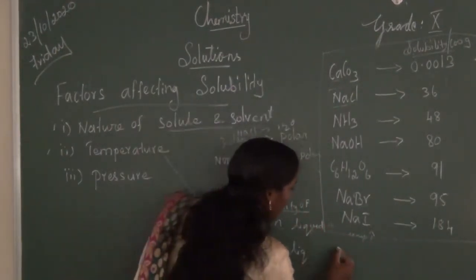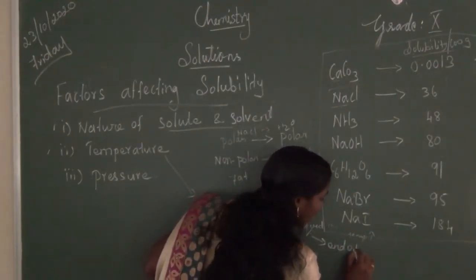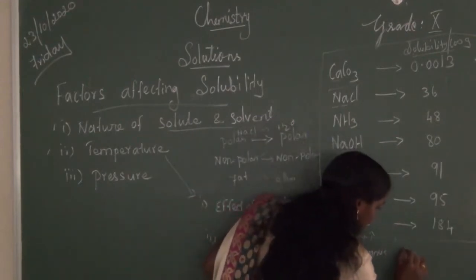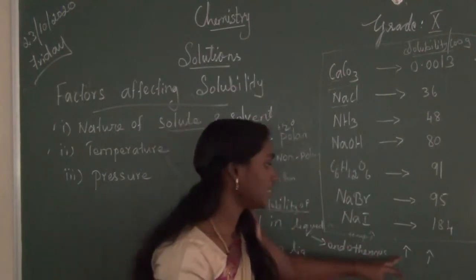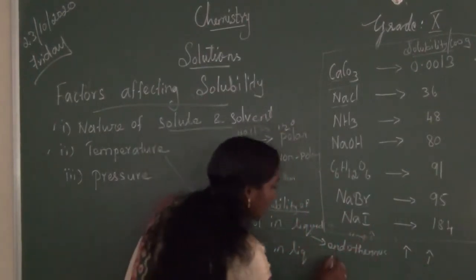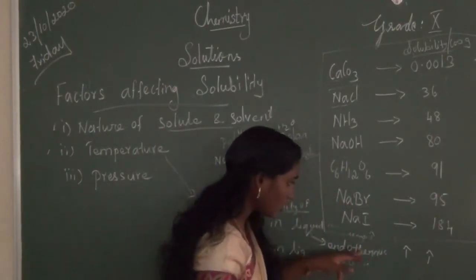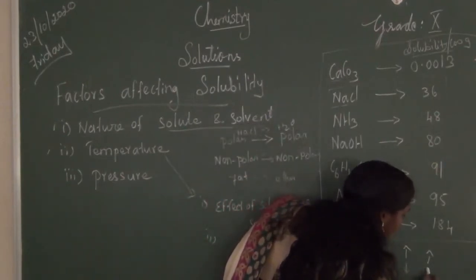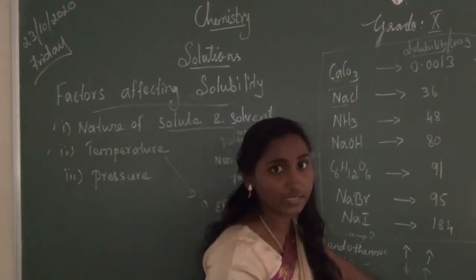So in an endothermic process, solubility increases as temperature increases. In an exothermic process, exothermic means liberation of heat, right? So in an exothermic process, solubility decreases as temperature increases.